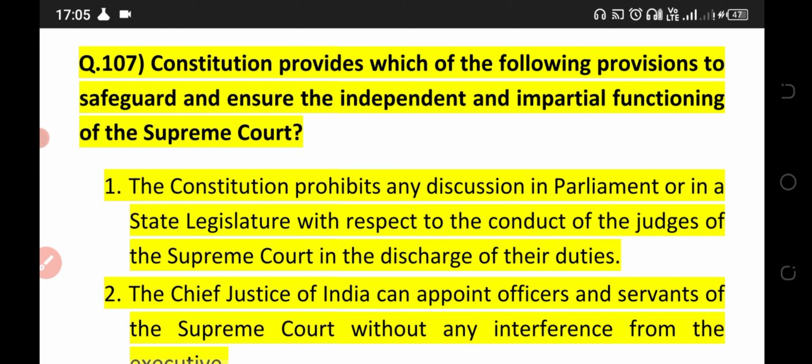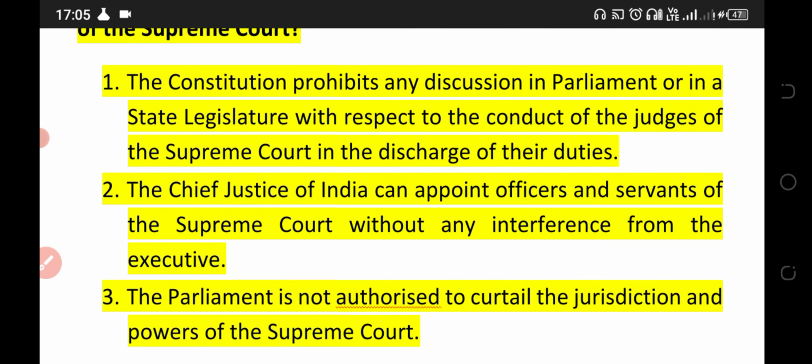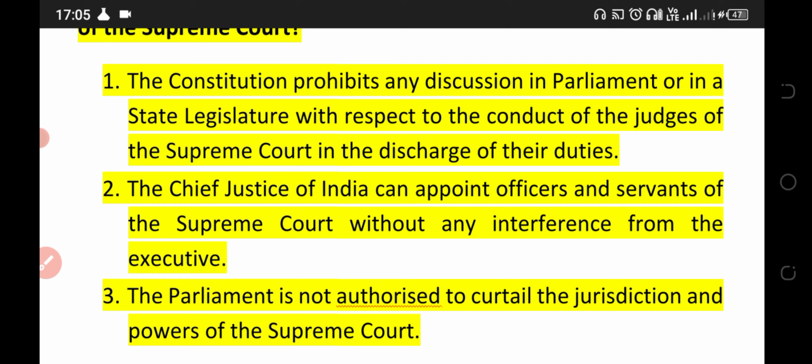The Constitution provides which of the following provisions to safeguard and ensure the independent and impartial functioning of the Supreme Court? The Constitution prohibits any discussion in Parliament or in any state legislature with respect to the conduct of the judges of the Supreme Court in the discharge of their duties.